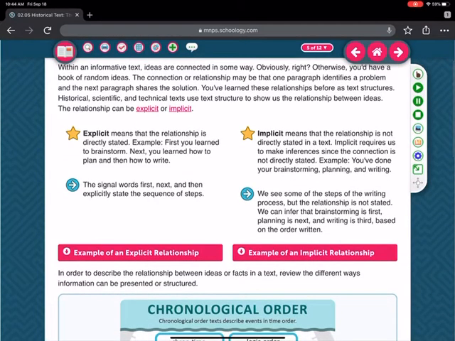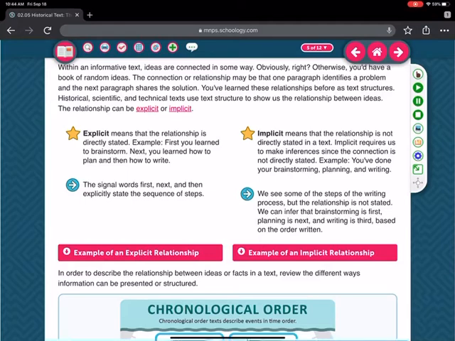So explicit. Okay? Explicit and implicit are words that you're going to hear that show relationship. And when I say relationship, I'm not talking about a girlfriend, boyfriend relationship or friendship, okay? I'm talking about a connection between one thing and another thing, okay? So for example, explicit means the relationship is directly stated, okay?